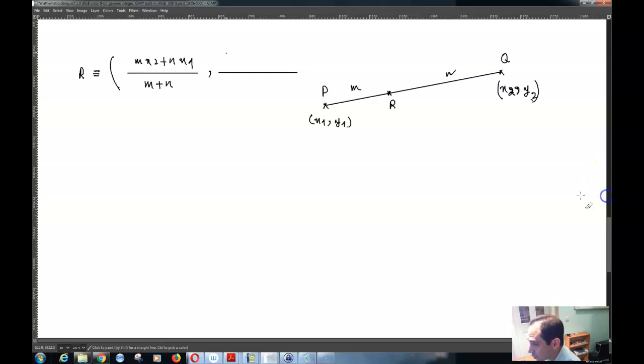Then you can write the area of triangle ADE, this triangle over here.